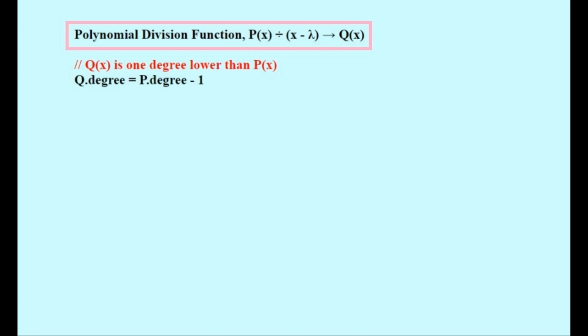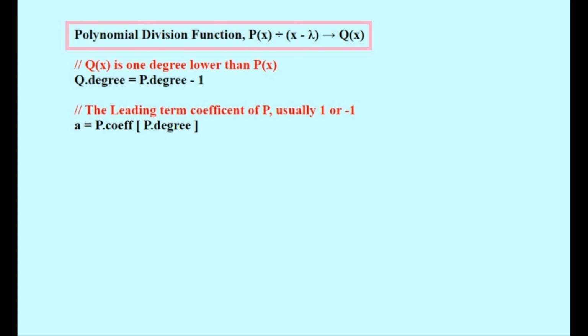So the degree of q is 1 less than the degree of p. And so we take the leading coefficient of p before we enter the main loop. It is usually equal to 1 or minus 1, depending on the degree of p. So then we enter the main loop.